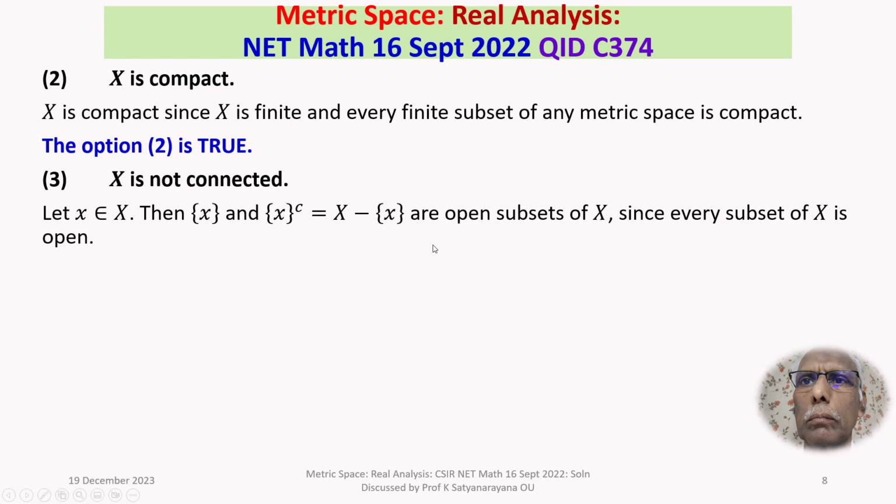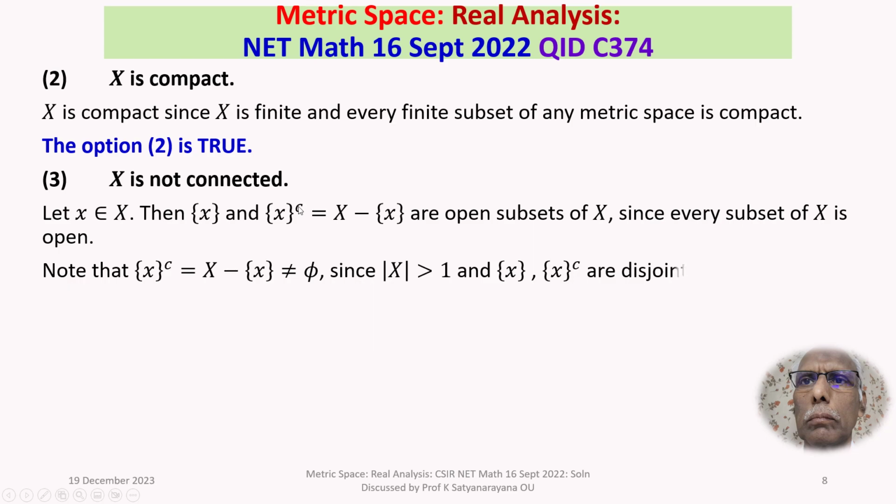This is also a subset of X. Therefore, it's open. So the singleton {x} and its complement, that is X minus the singleton set {x}, are open subsets of X because they are subsets of X and every subset of X is open. Note that the complement is not empty because the order of X is greater than 1.